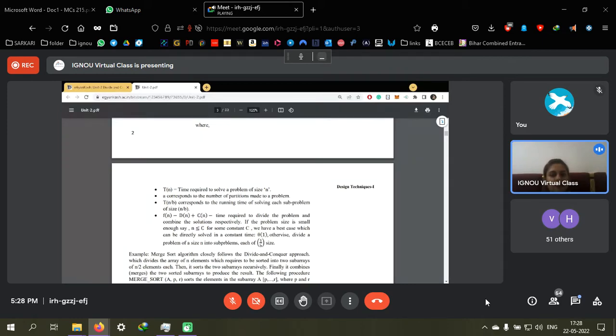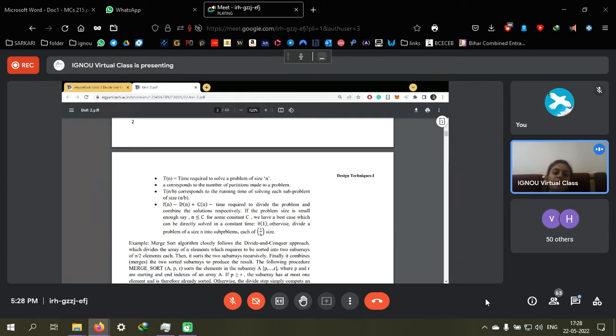T(n/b) is the sub-problems, right? So the time required for divide and conquer is to divide the problem and combine the solution. If the problem size is small enough, you will get a constant time, so constant time that is Θ(1). Divide a problem of size n into sub-problems, you will get size n by b always.